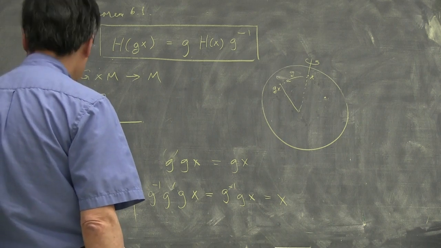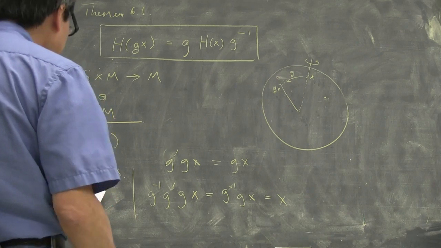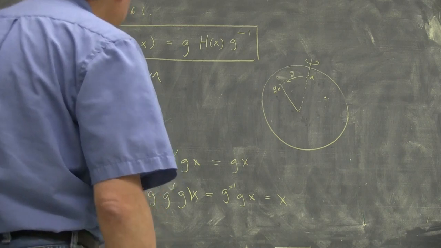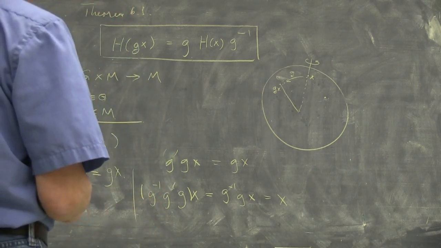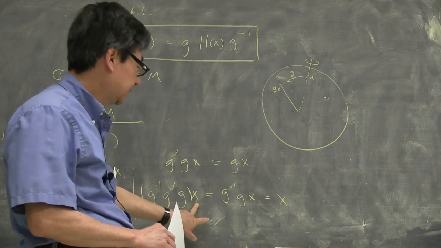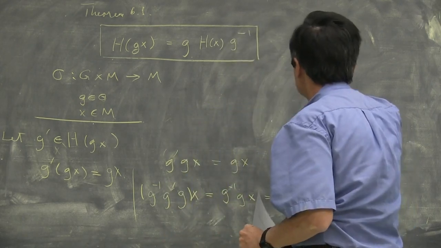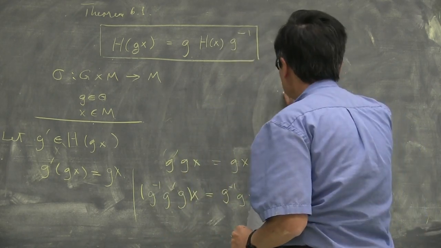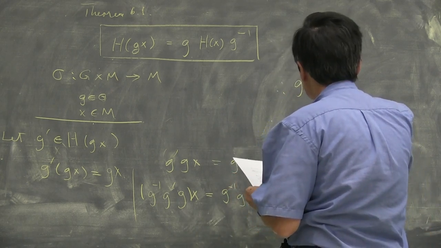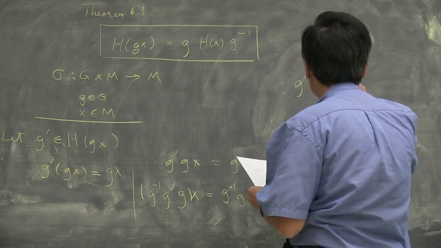Well then, what do we have? Hence, if you take this thing in here, this thing must be in what? This thing must be in Hx, because it doesn't change x. And so therefore, let me define this thing by g double prime, which I define to be g inverse g prime g.